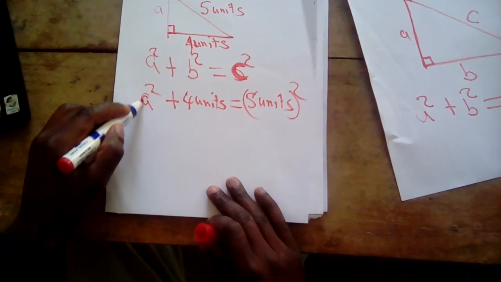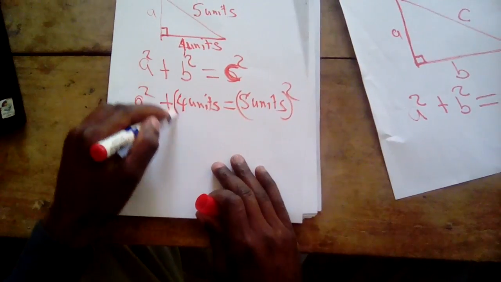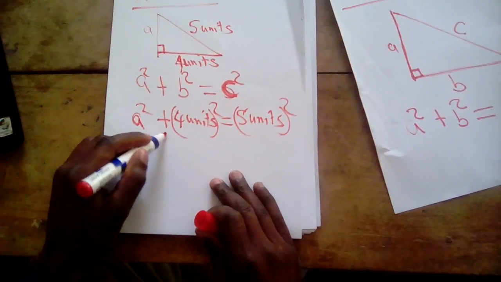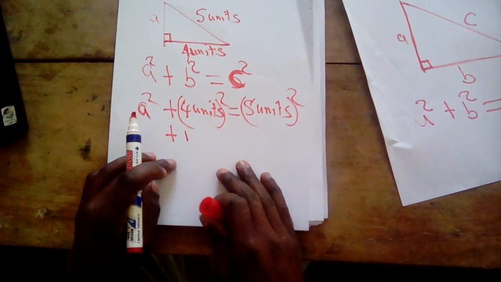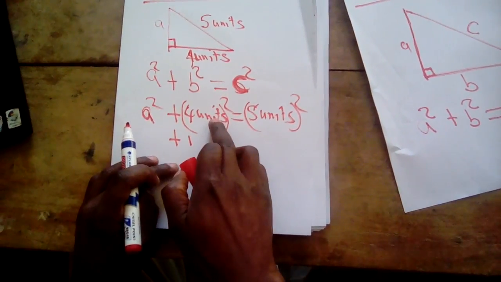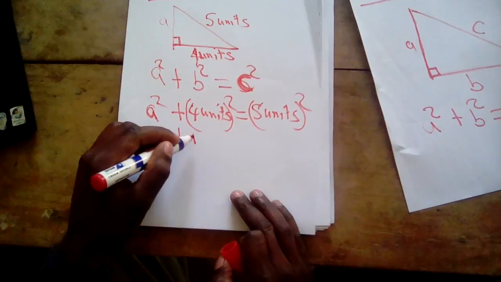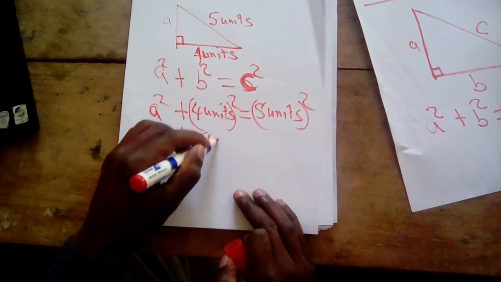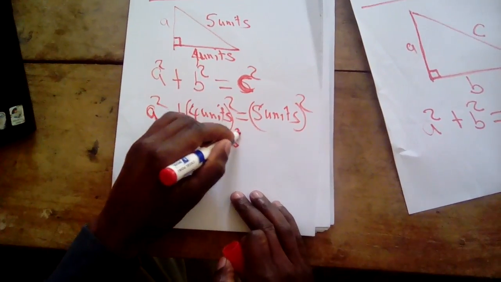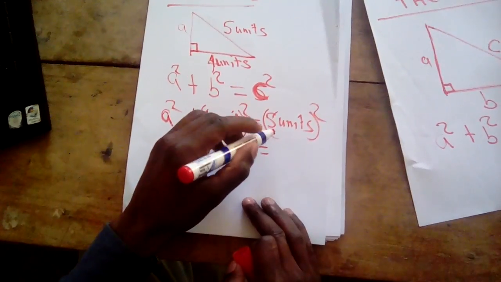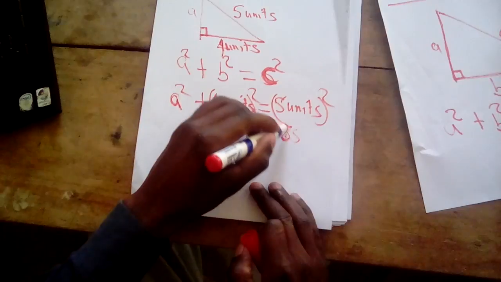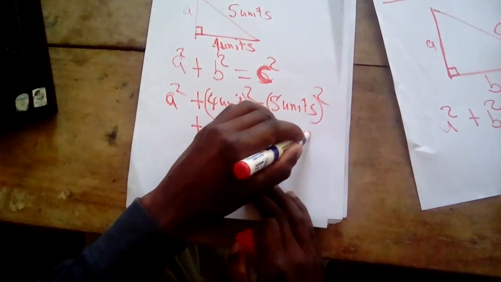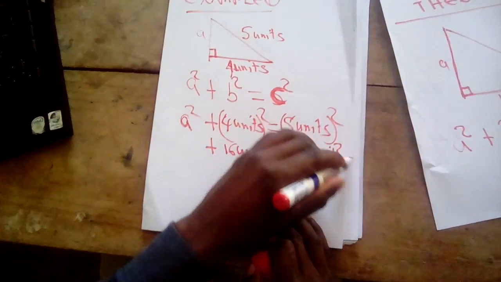So we write A square here, plus 4 squared. If you find 4 square, it is going to be 16 units square, and the hypotenuse squared is going to be 25 units square.